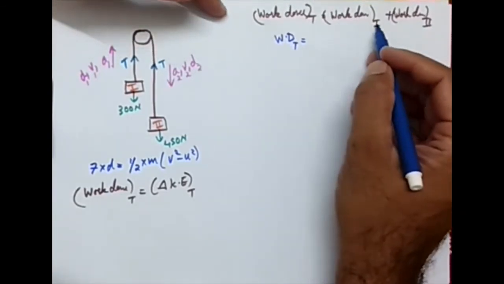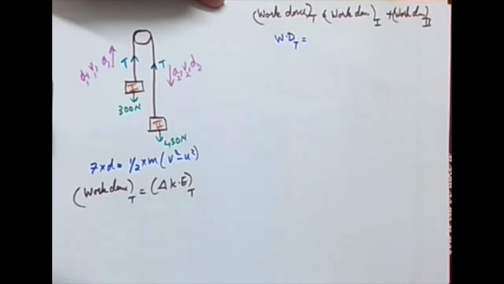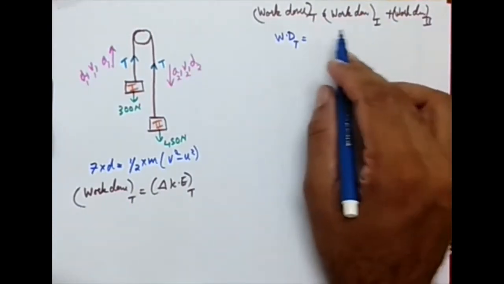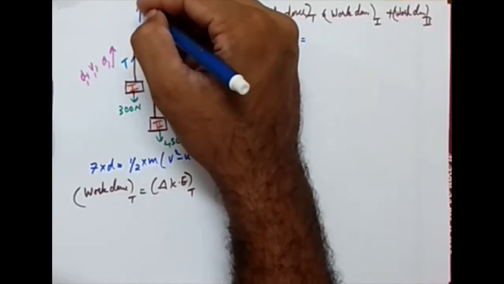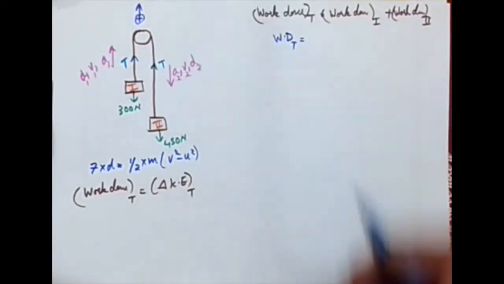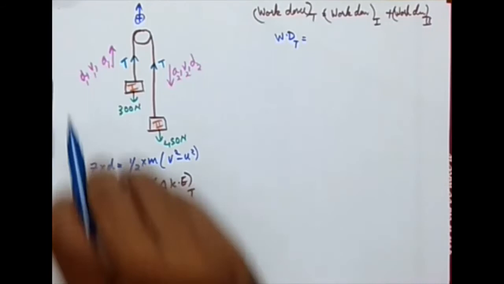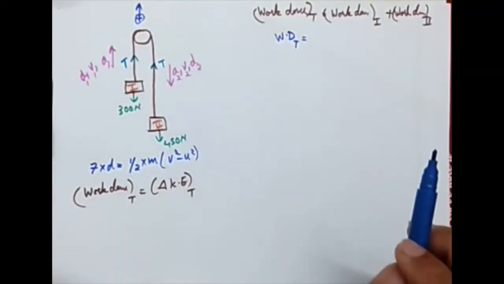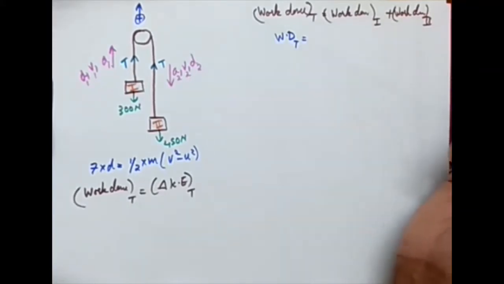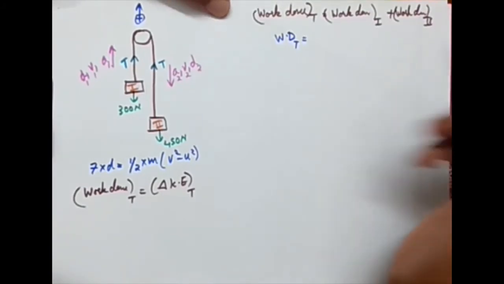Now what is the work done by object 1? We need to define the direction before substituting the values. I am considering this as my positive direction. So D1, V1 and A1 are positive, D2, V2 and A2 are negative. Work done is equal to net force in that direction multiplied by the distance.